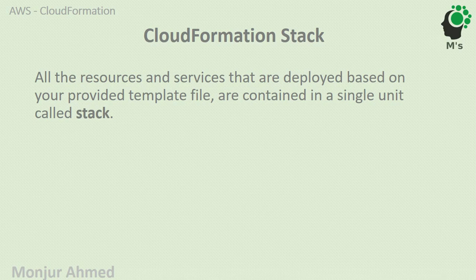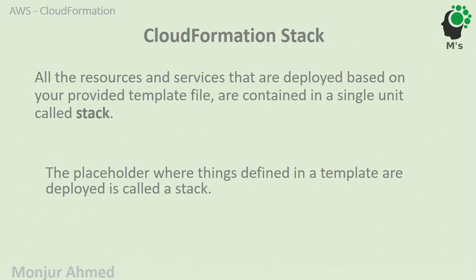Everything is considered by AWS CloudFormation as one stack. So one single unit is called a stack, and we can think of it as a placeholder where whatever we have defined in the template is deployed in one stack, or one confined area.